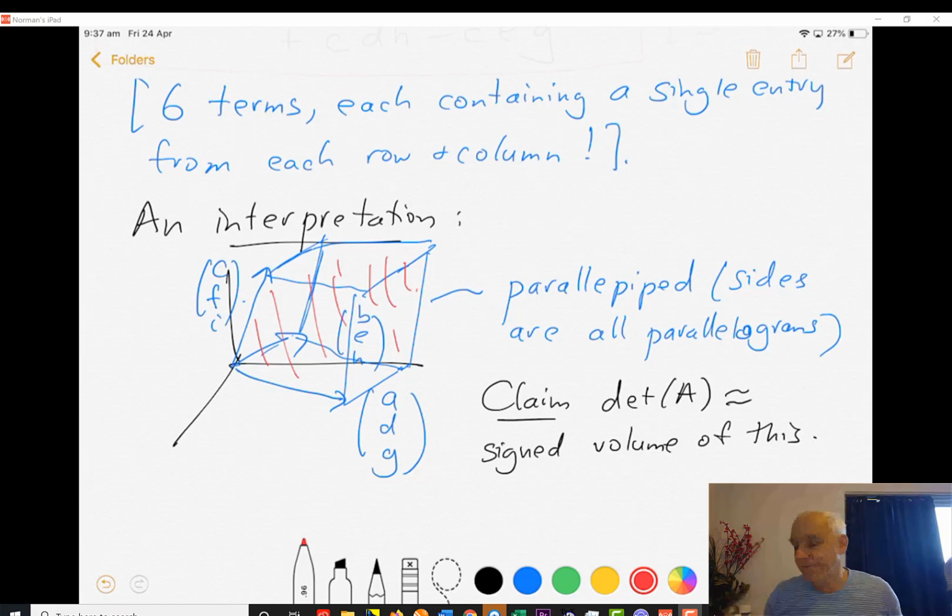And if you're going to develop a theory of areas or volumes in 3-dimensional space, it's actually quite subtle. It turns out that it's best to start with this as your notion of signed volume, and then show that this notion gives rise to a consistent framework of volumes that captures the intuitive properties that we would expect volumes to have. But that's a fair amount of work, highly non-trivial.